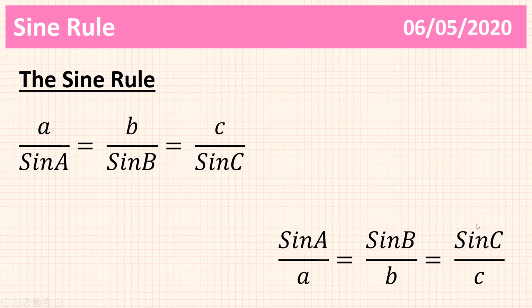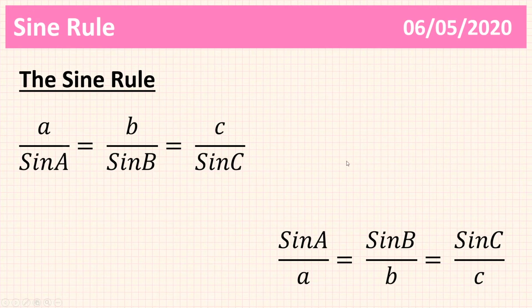You might even see it this way round, where we have the angle as the numerator. So we have sine of angle A divided by side A, sine of angle B divided by side B, and sine of angle C divided by side C. And those 3 values would be exactly the same.